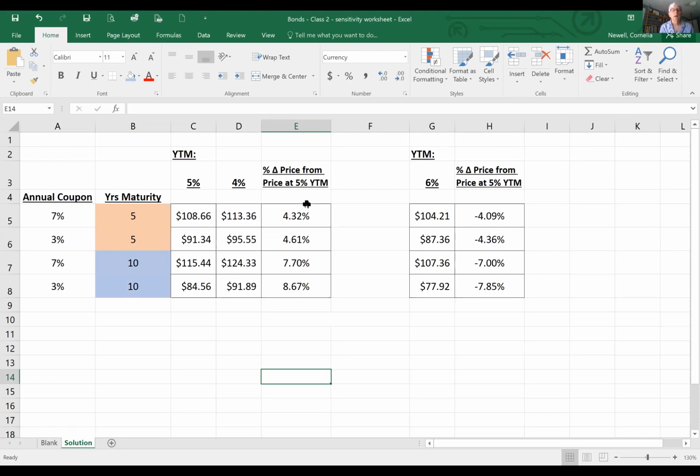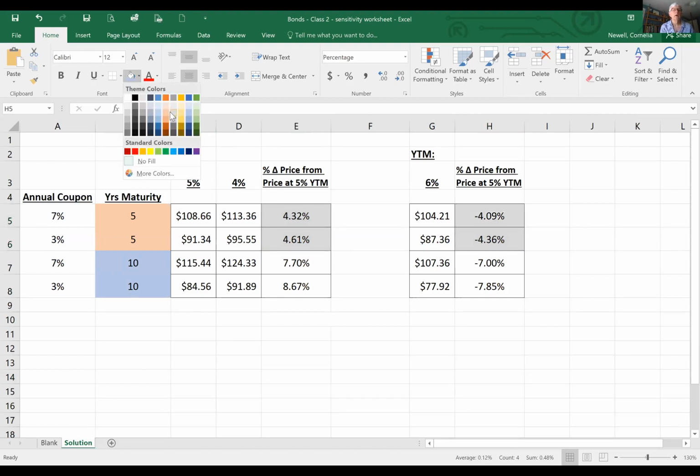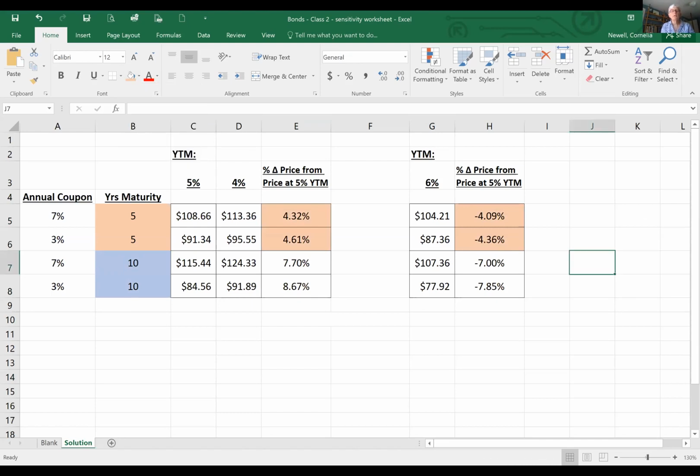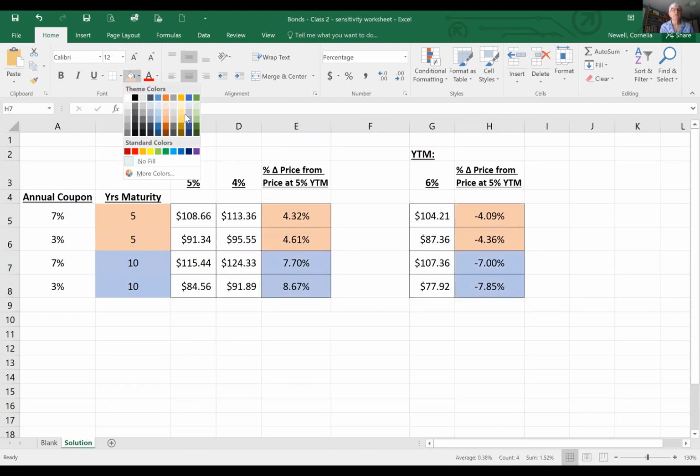The ones that are a 5-year maturity, those are the ones where the price change was somewhere in the range of 4%. The ones that are a 10-year maturity, those are the ones where the price change is higher.